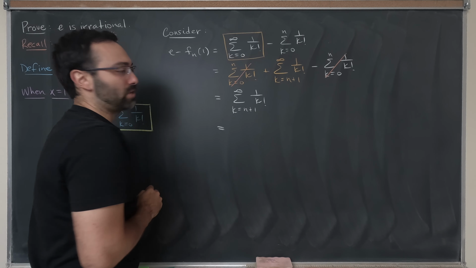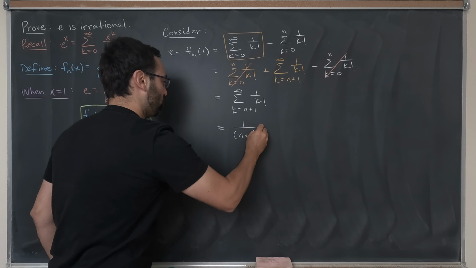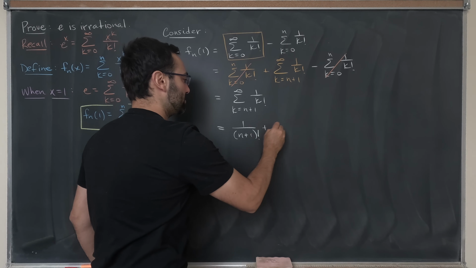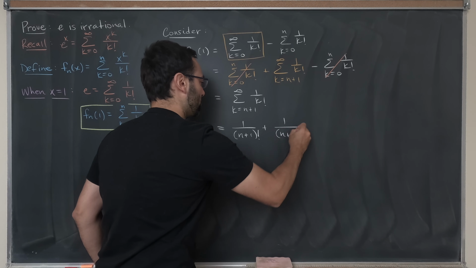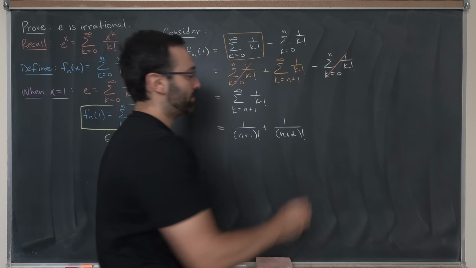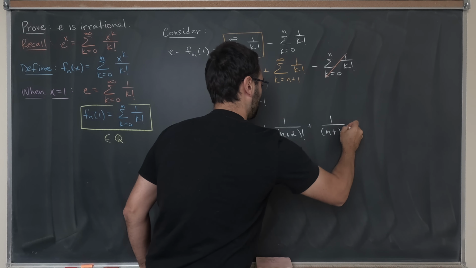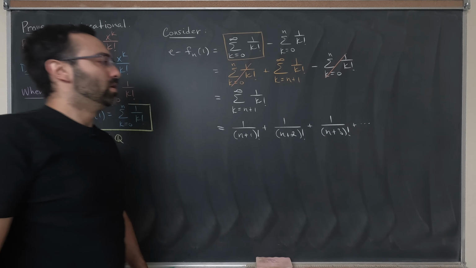Starting from k equals n plus 1, the first term of this series is 1 over n plus 1 factorial, plus the next term in the series gives us 1 over n plus 2 factorial, and we'll throw in one more term here, and out to infinity. Okay, great.